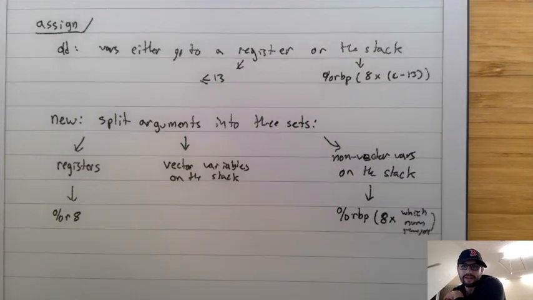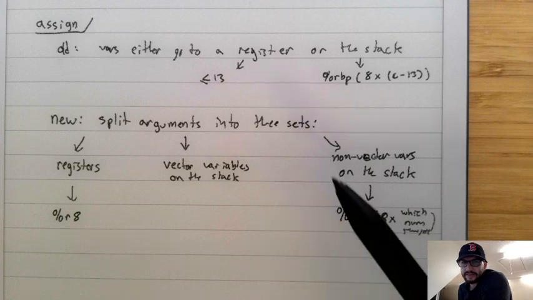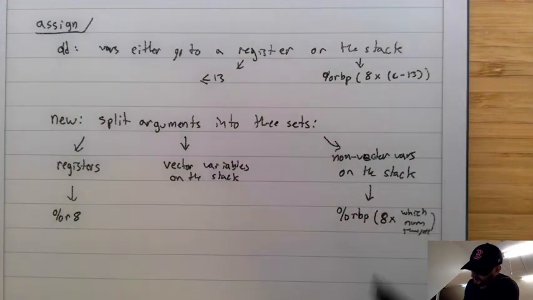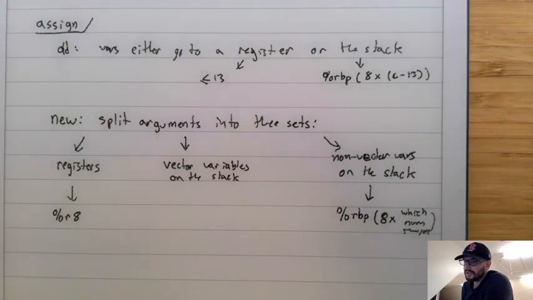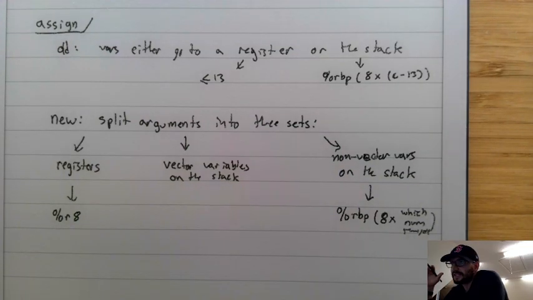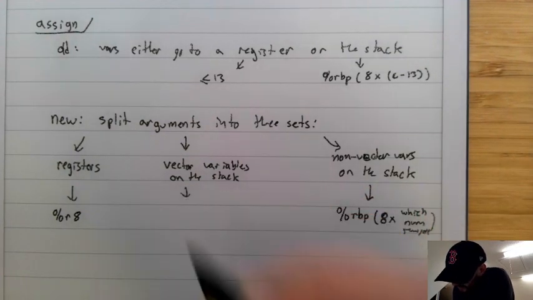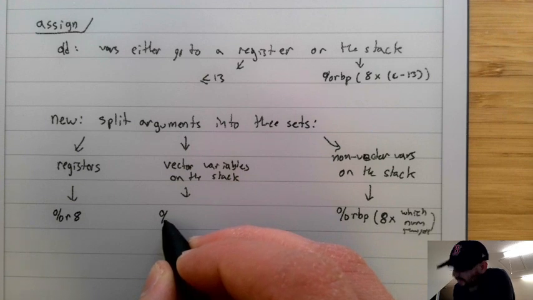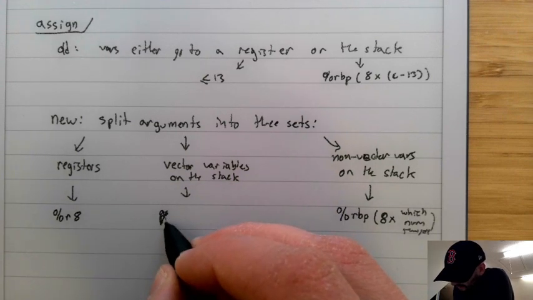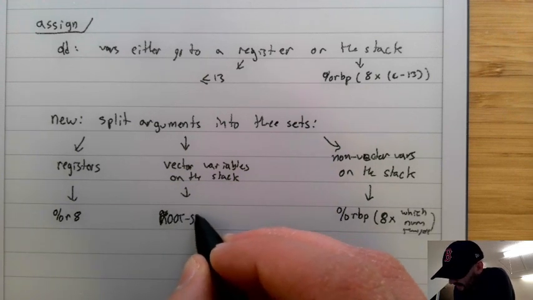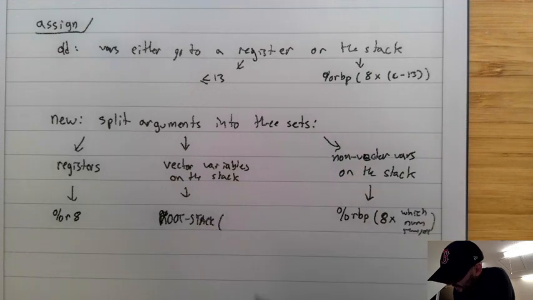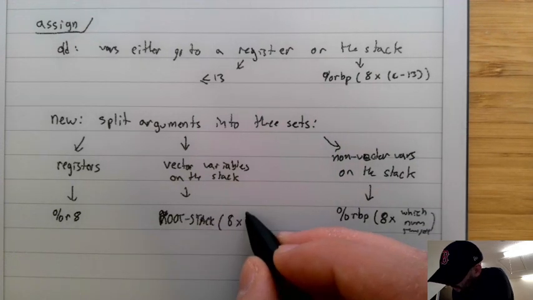But everything greater than 10 is going to be on the stack, so it's in one of these categories. And if we look at the thing and it's not a vector, then it's going to be based on RBP. So let's say it's the 12th thing. Well, in that case, we'll take 12 and subtract 10 from it. We'll get 2. And that means we'll do RBP plus 8 times 2. But if it's a vector, then instead we'll use the root stack register, and then we'll do 8 times which number it is.